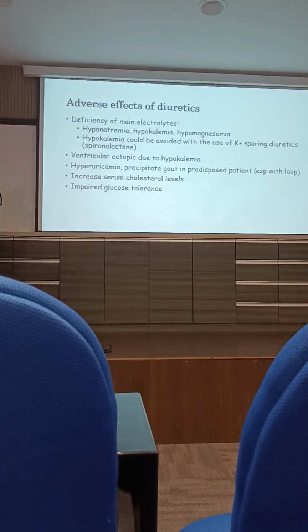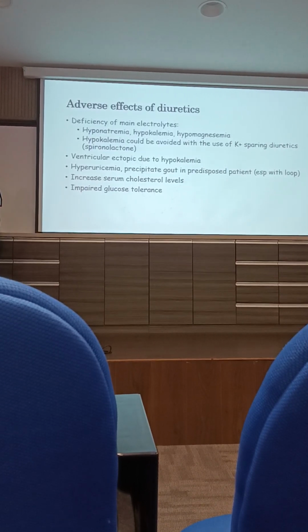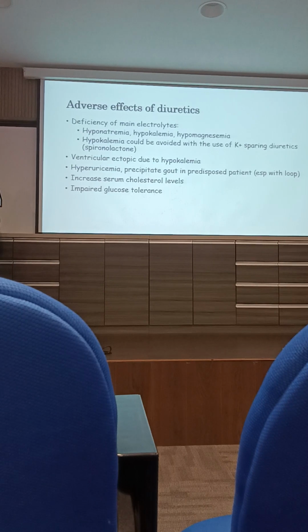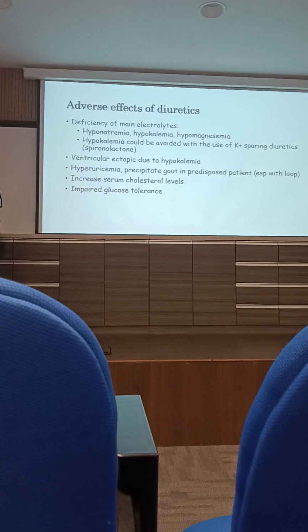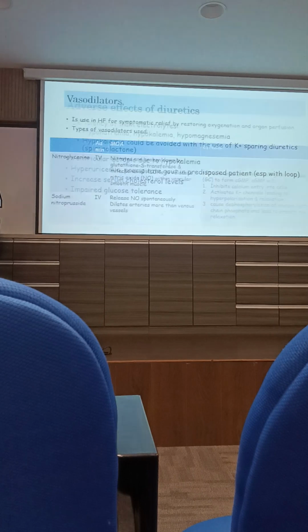If the patient is taking loop diuretics, they can have hyperuricemia, and it can also precipitate gout. Increased serum cholesterol levels and impaired glucose tolerance are adverse effects of thiazide diuretics. So for your diuretics, just go back to your lecture on diuretic agents and look at the adverse effects and mechanism of action of diuretics.